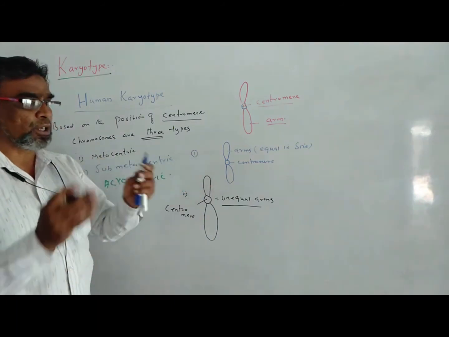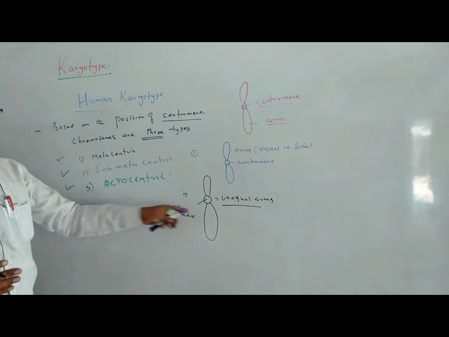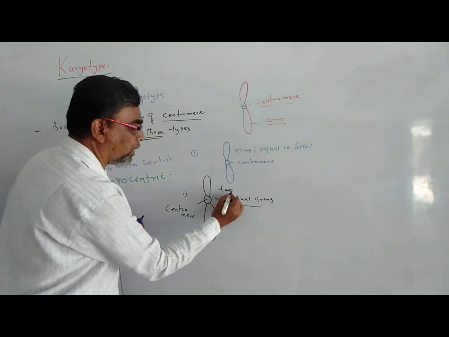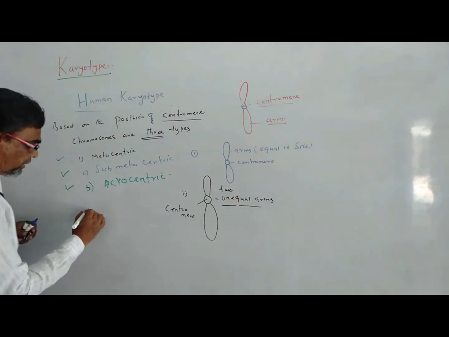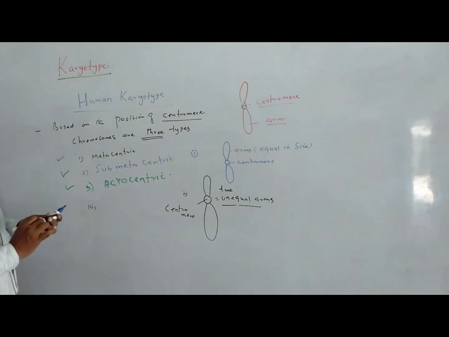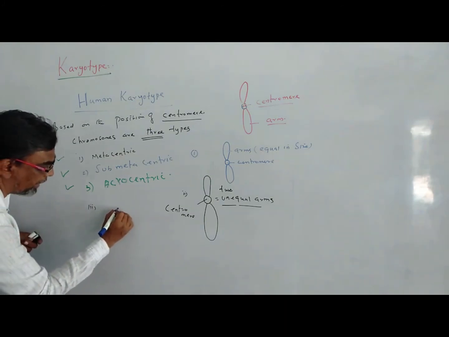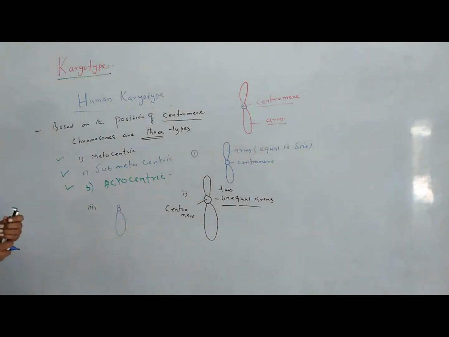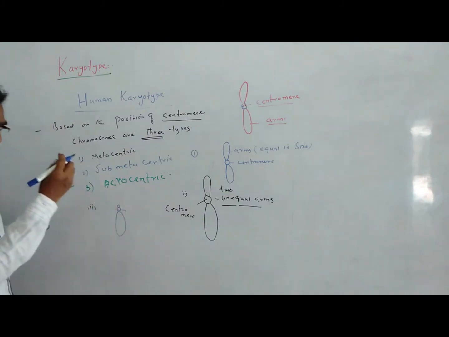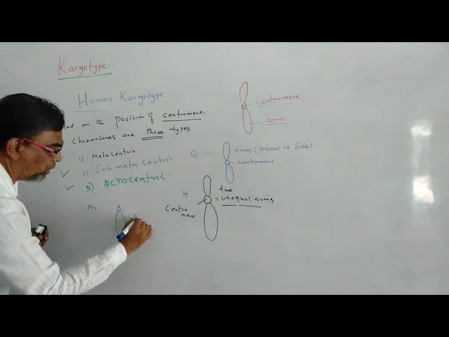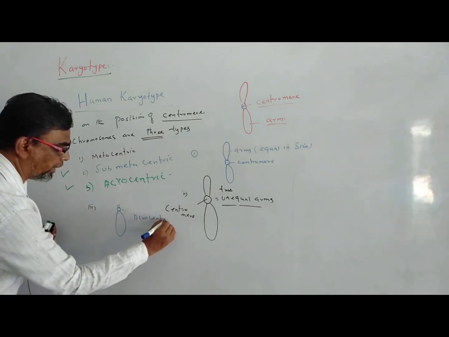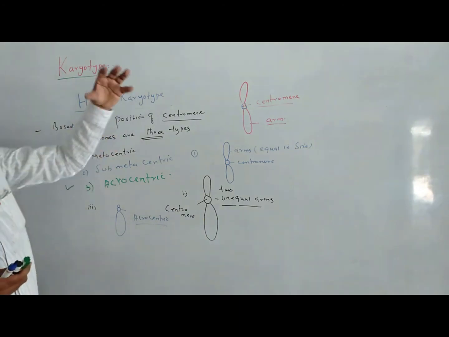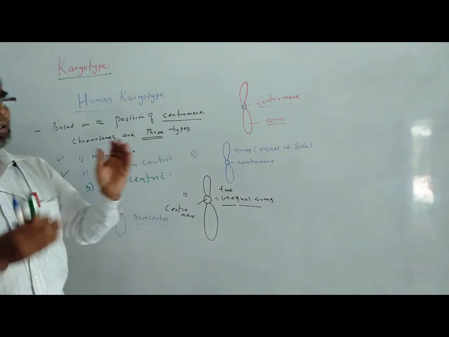This is metacentric, which gives two equal arms. Submetacentric gives two unequal arms. Whereas in the third type, acrocentric, the centromere is there and one arm is very short. Now this is called acrocentric.